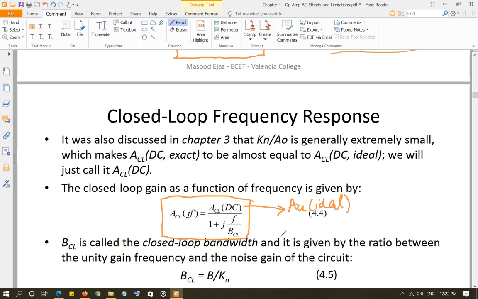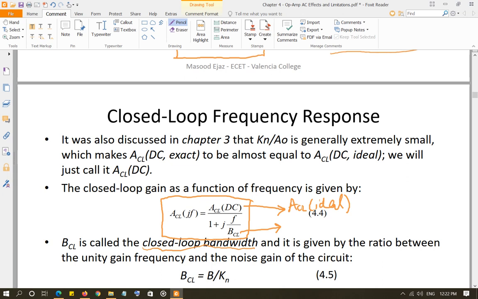Again, we are using the same model, that is the one pole low pass model over here. f over BCL. Now BCL is closed loop bandwidth. It is called closed loop bandwidth, not the closed loop gain, but closed loop bandwidth. Why?